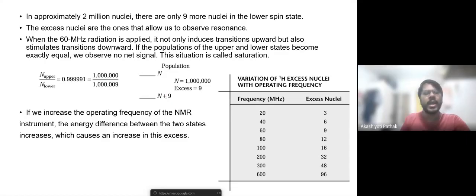So the lower energy state has 9 nuclei in excess compared to the upper energy state. In approximately 2 million nuclei, there are only 9 more nuclei in the lower spin state.